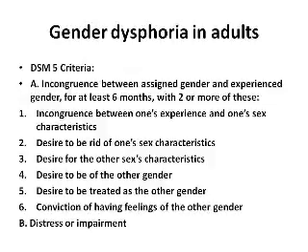Desire to be of the other gender, desire to be treated as the other gender, and conviction of having feelings of the other gender. So if you have 2 or more of those symptoms, then you meet criterion A. And you also need to meet criterion B, and again, that is distress or impairment.